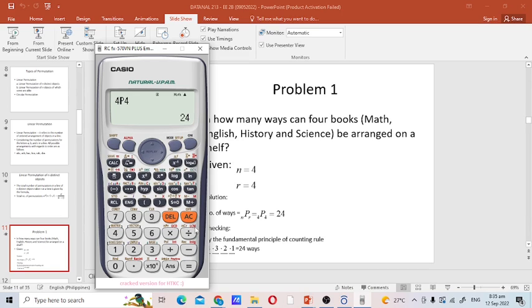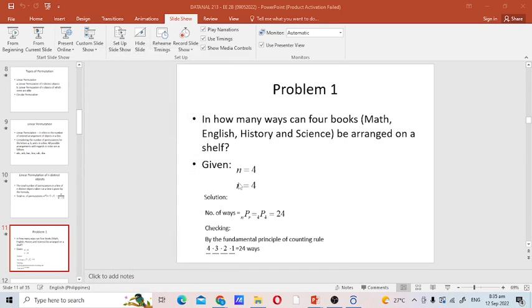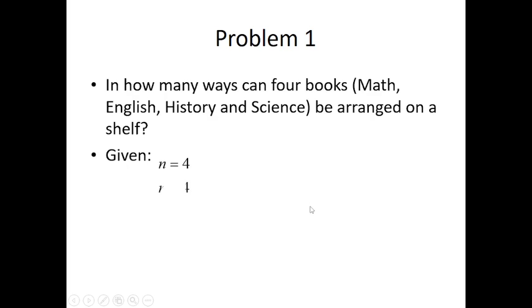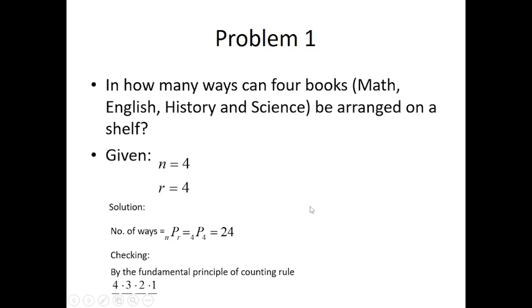O yung 0 factorial, ano yung 0 factorial? 0 factorial is 1. That's 1. Okay? Okay, we're done with this and we can proceed with problem number 2.